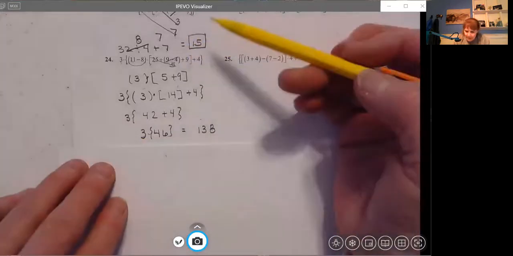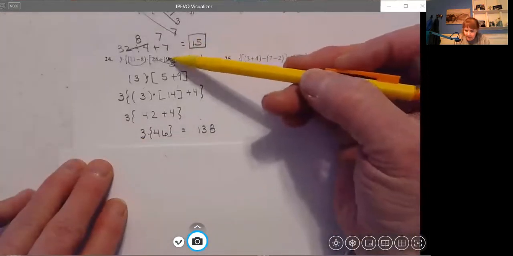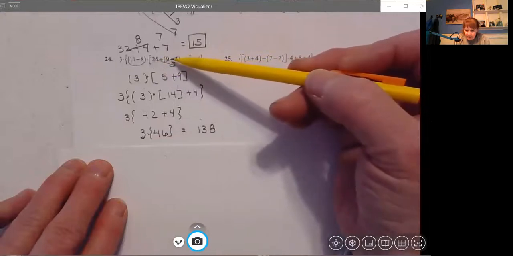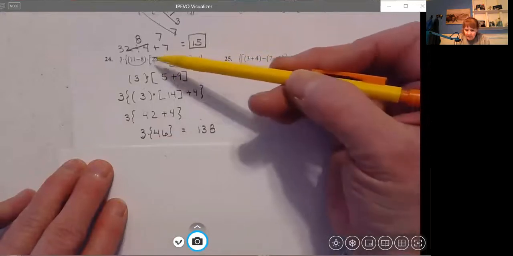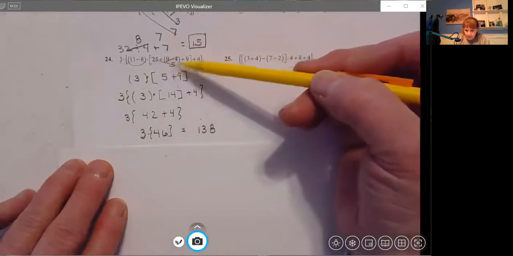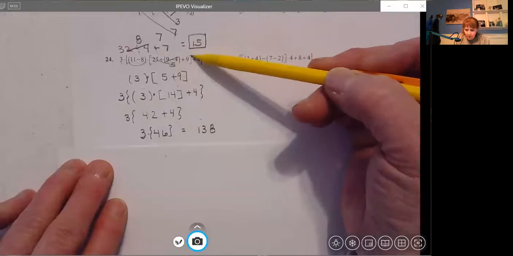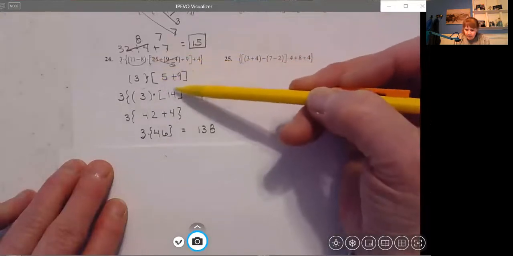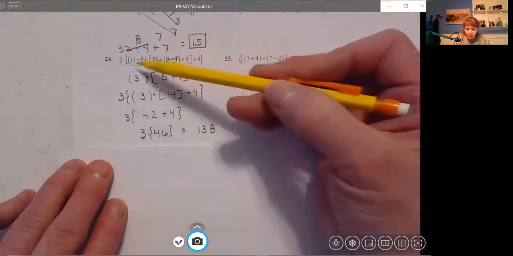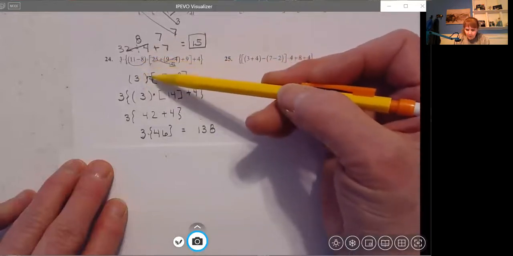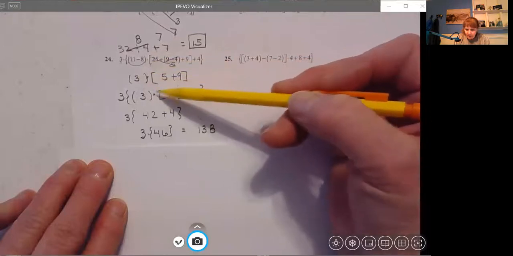So recapping, I worked on the inside. So I had this bracket here. On the very inside was this. And then I took 25 divided by that and got 5, plus 9. So now I'm working inside of this bracket. I'm still working inside, I get 14. Then I go over to this parentheses. And I know that I'll be multiplying these two together.